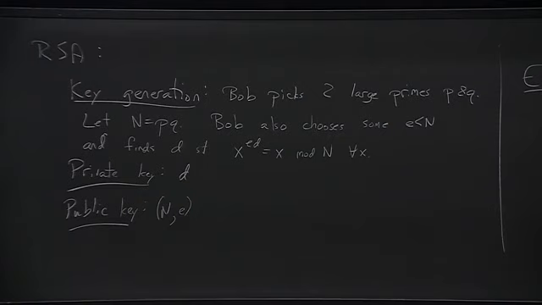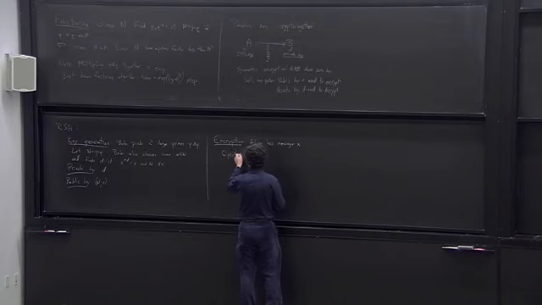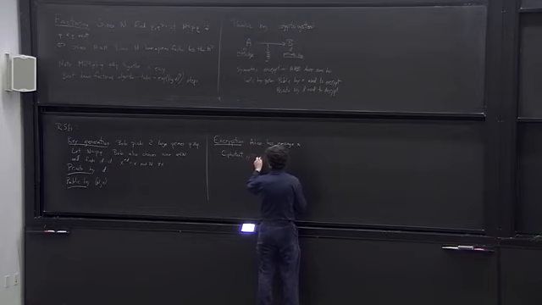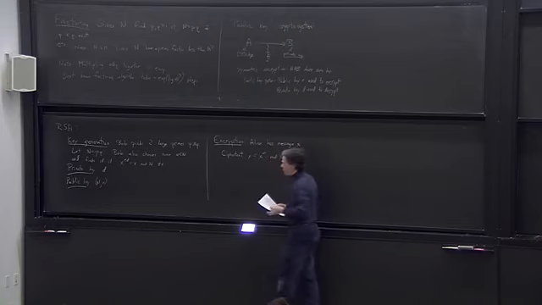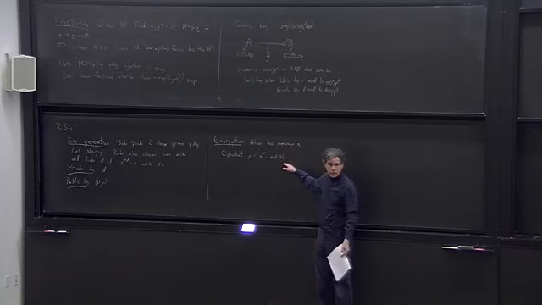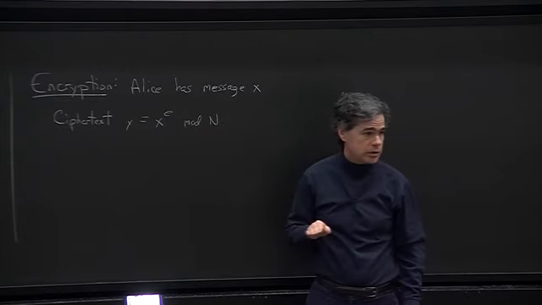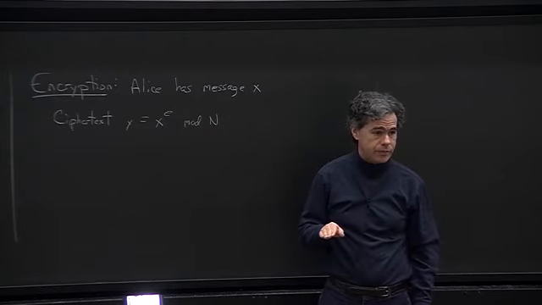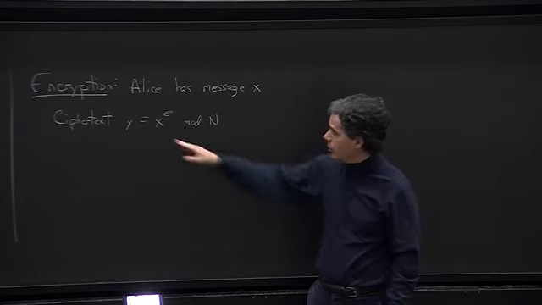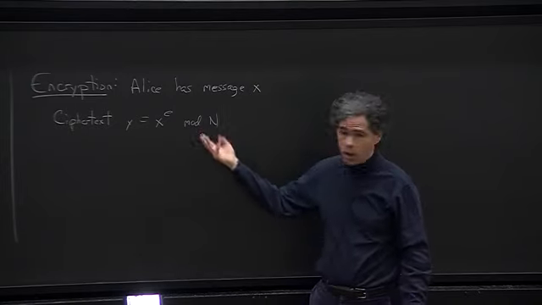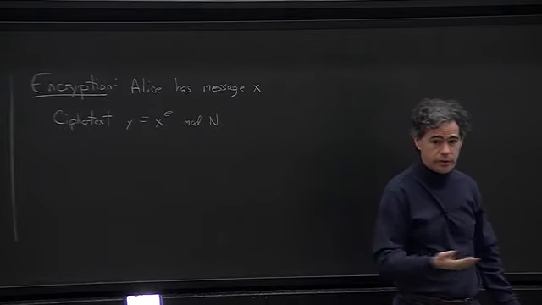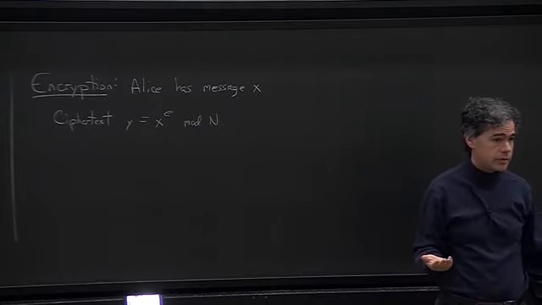She calculates the ciphertext Y, which is x to the E mod n. She can do this using the public key information, big N and little e. The time it takes is polynomial in the number of bits of the numbers involved.